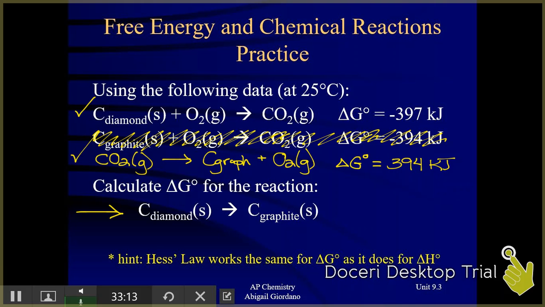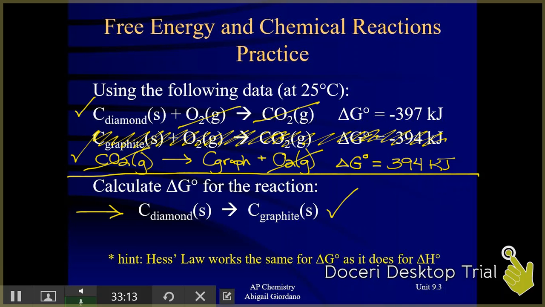If I take those two elementary steps and add them together, carbon dioxide cancels out, oxygen cancels out, and I get left with this reaction. And you don't even need a calculator. What is the overall delta G? Negative 3 kilojoules. Ladies and gentlemen, what does a negative delta G mean?